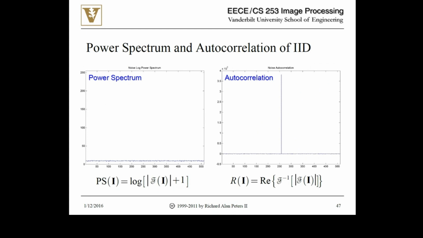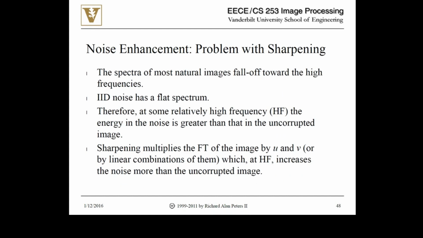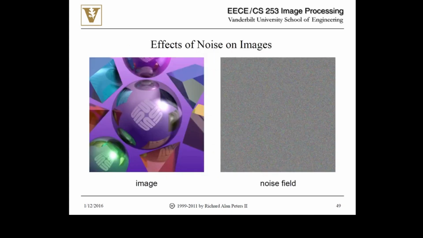And now we can verify all these properties, so we can compute the autocorrelation. The autocorrelation looks like a delta function. We can compute the power spectrum. The power spectrum looks like a flat spectrum. Let us see these ideas with images. I think it is easy.